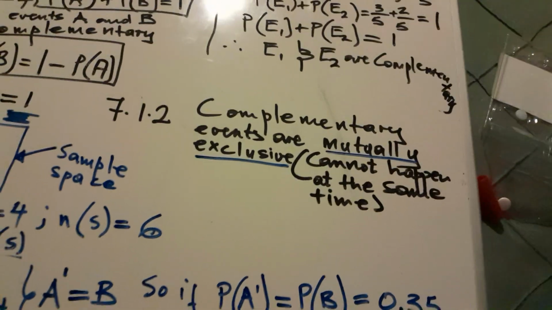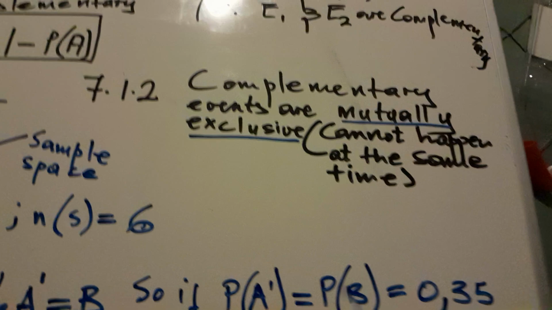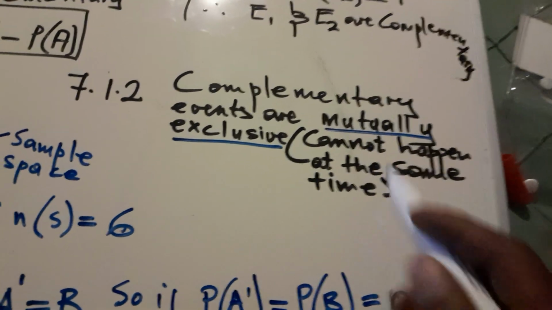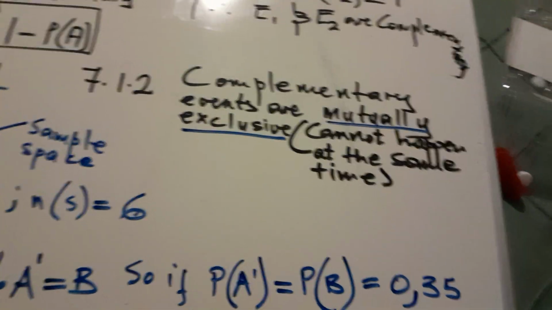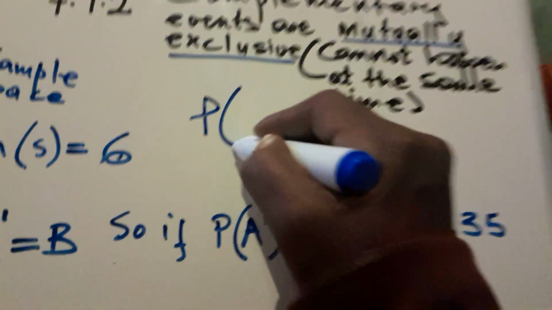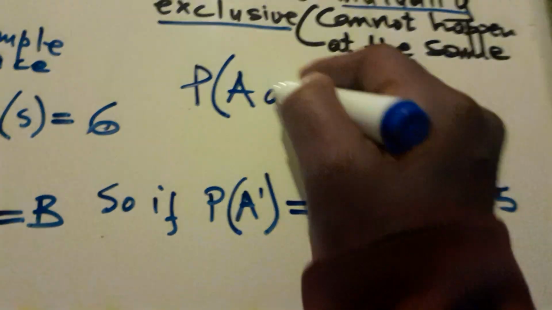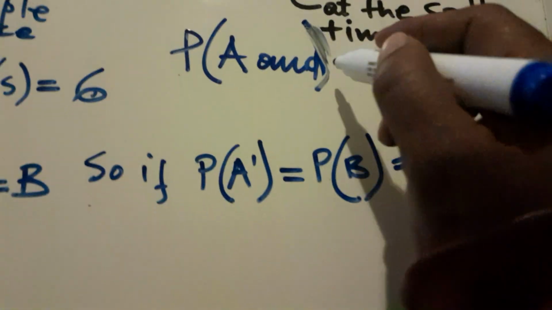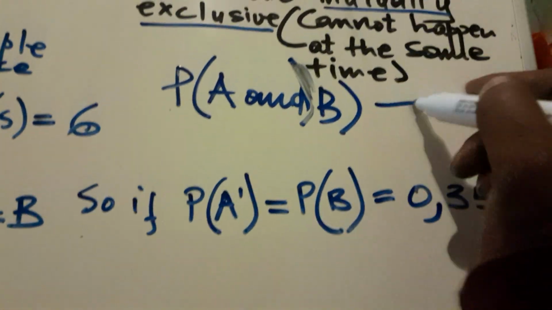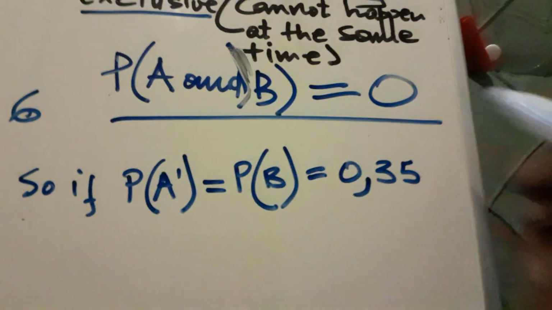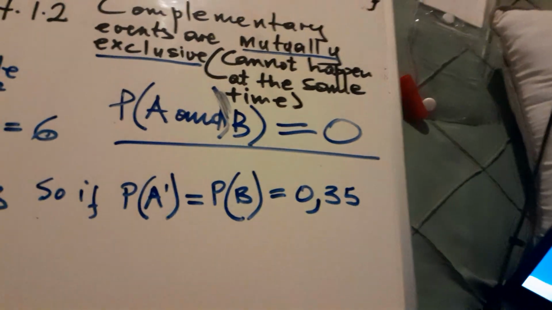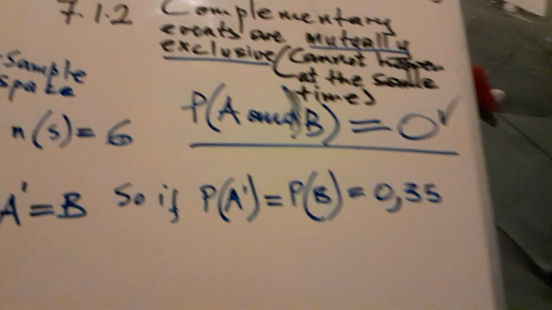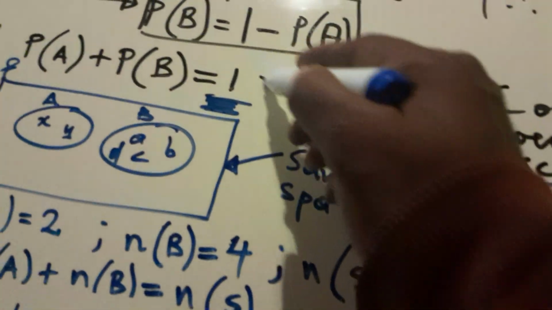Why are we saying it is 0? Complementary events are mutually exclusive. In other words, they cannot happen at the same time. So you can't have these two events, A and B, happening at the same time, it is 0. The probability of A and B is 0. So that's another mark.